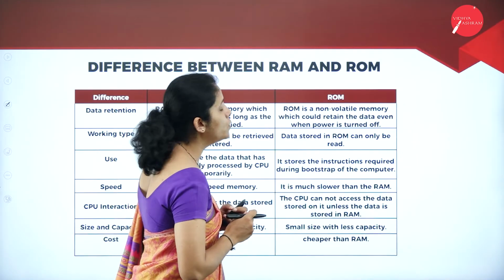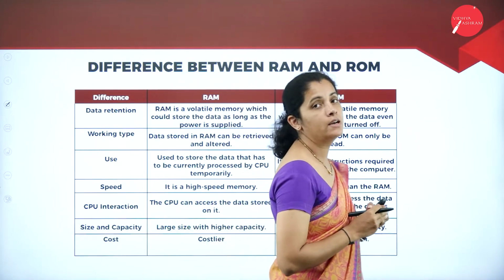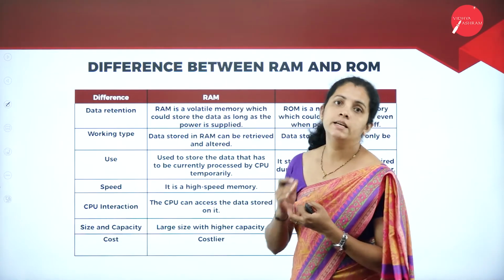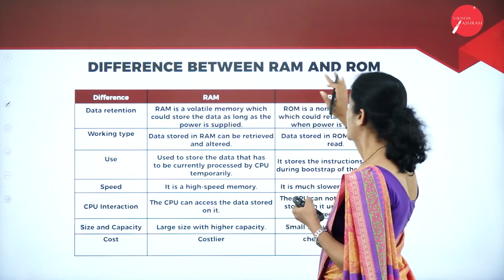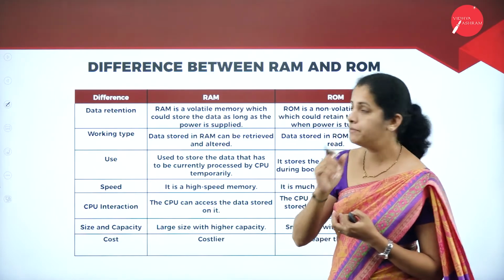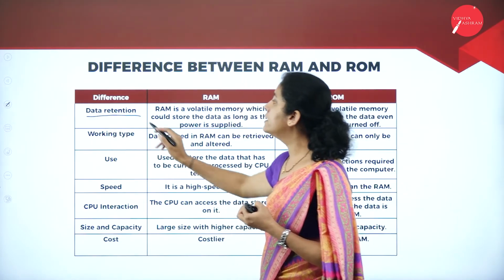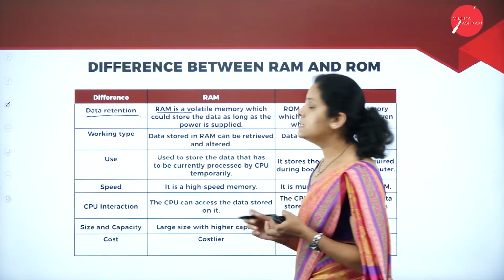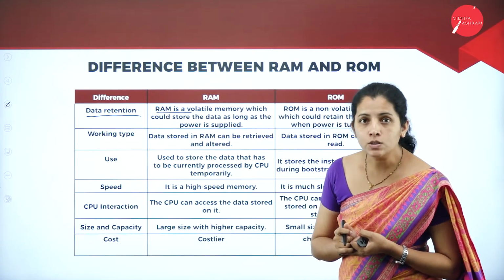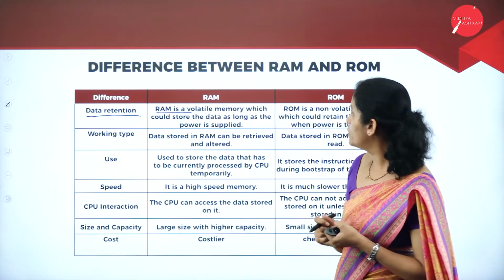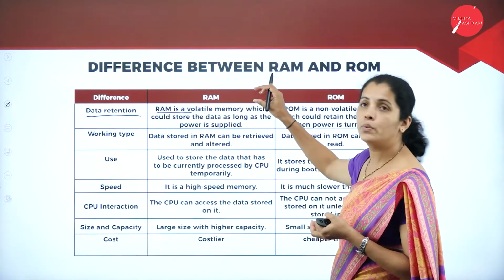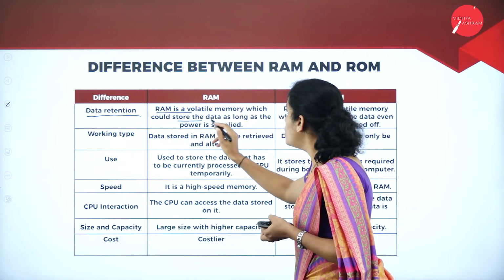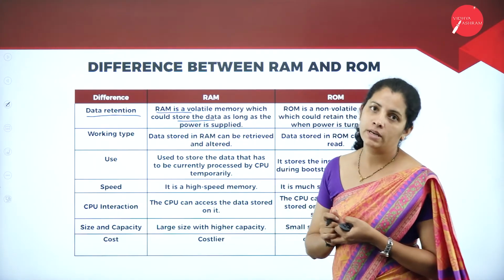Moving further, I'm going to discuss the difference between ROM and RAM, with the first difference being data retention. RAM is volatile. So what is volatile? That is temporary. Whatever data is stored in the memory is stored as long as the power is supplied.